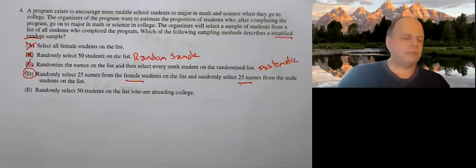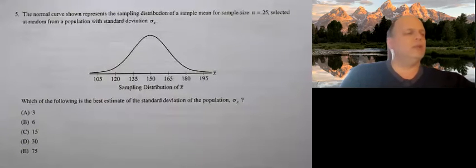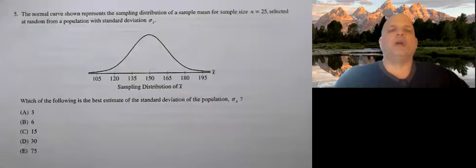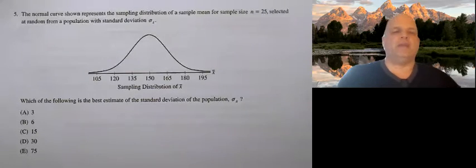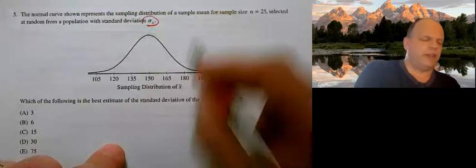All right, number 5. This is a tricky question. The normal curve shown represents the sampling distribution of a sample mean for the sample size n equals 25, selected at random from a population with a standard deviation of... need to pay very careful attention to that.